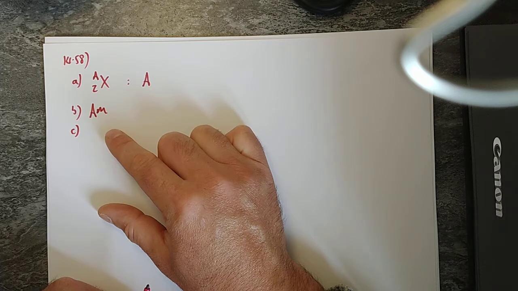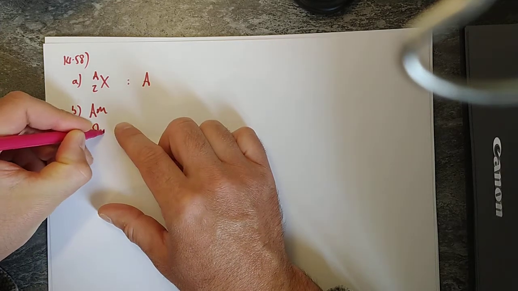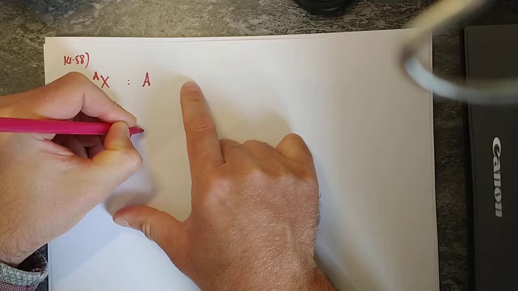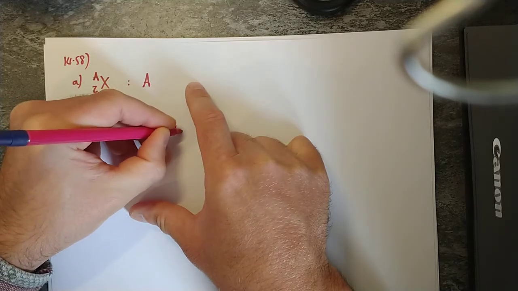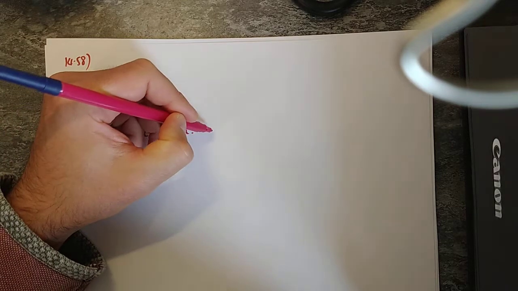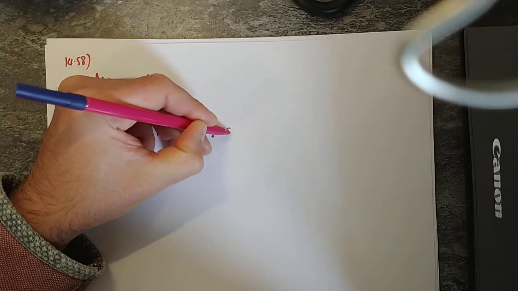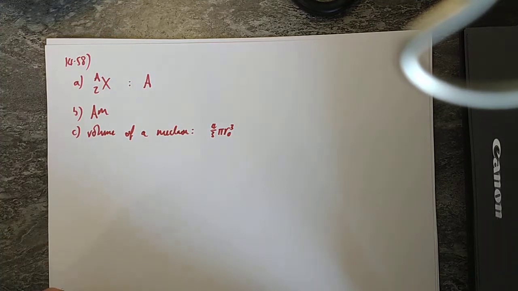Suppose the radius of a nucleon is r0. What is the sum of the volume of spheres of the separate nuclei? So the radius of a nucleon is r0, so the volume of a nucleon, effectively the volume of a proton or a neutron, is equal to 4/3 pi r0 cubed.